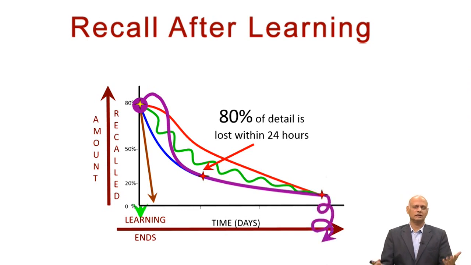And that's very easily found out. If on Monday you've attended a class and on Wednesday morning the professor comes and says, okay, I'm taking a surprise test, you'll know exactly how much you remember. It's very easy to find that out.